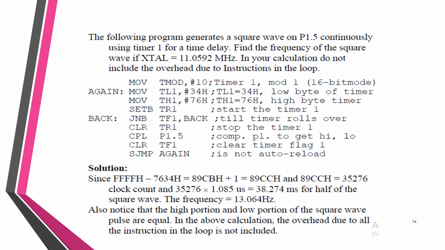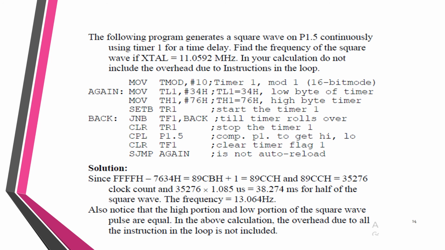Then you load the values for TL and TH, whether 0 or 1 based on the timer. Then set the timer bit TR1 or TR0 based on the timer setting, and then we have to check in a loop whether the TF bit is set or not. So a simple statement: JNB TF1, back. Then CLR TR1, CPL P1.5.